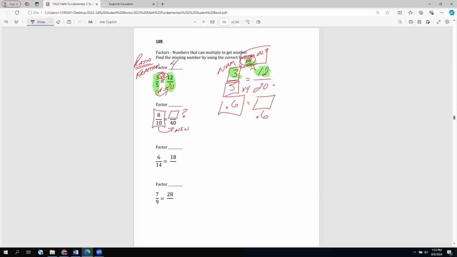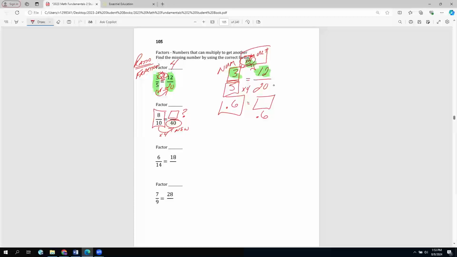The denominator is supposed to go from 10 to 40. Okay, remember, you have to use multiplication in order for it to go up. What do I have to multiply 10 times for it to become 40? Did you say 4? That is correct. You have to multiply 10 times 4 in order for it to become 40.